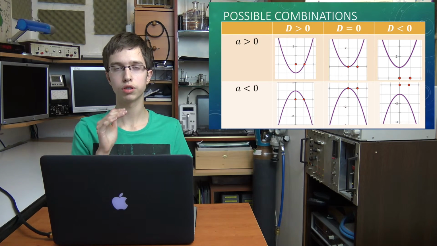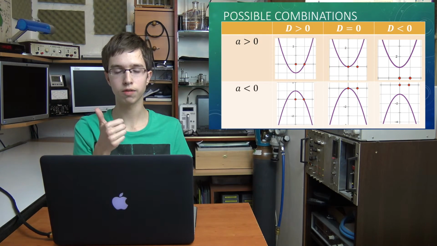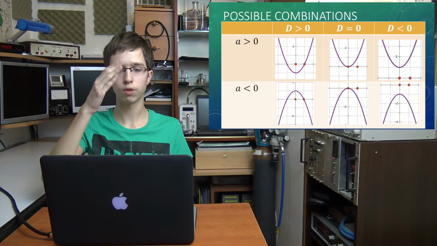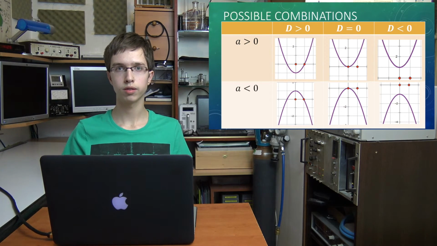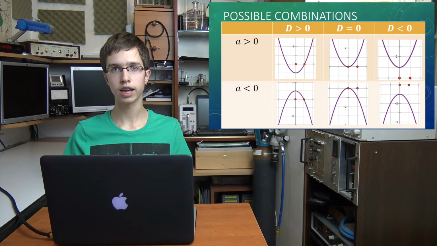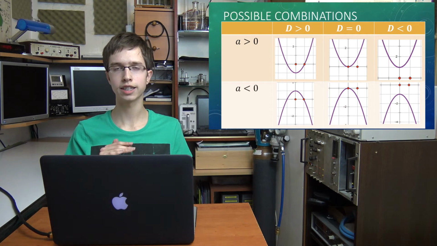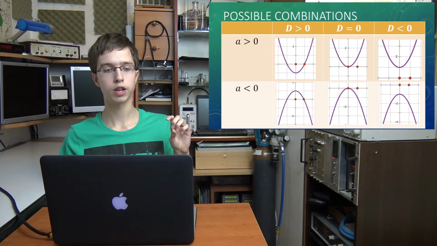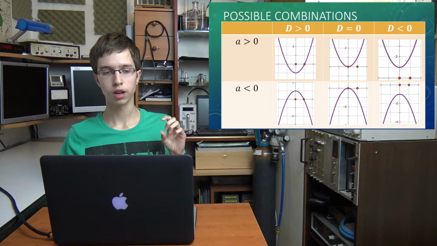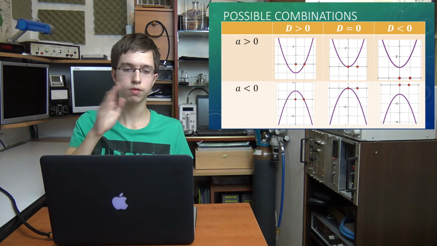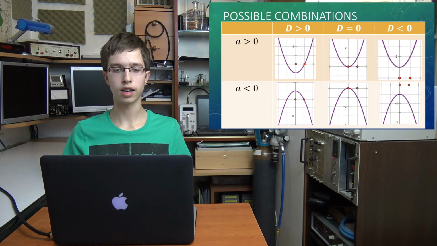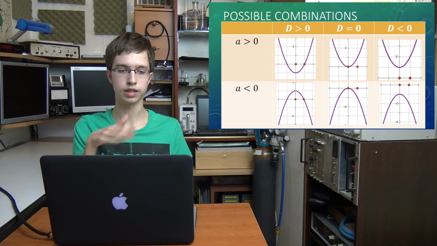When D is equal to 0, it only touches the x-axis at 1 point, and when D is smaller than 0, then the graph, so the parabola, does not either intersect or touch the x-axis. In the second case, when a is smaller than 0, we have a parabola like this one, and all these cases are analogous to the cases for a parabola like this one.